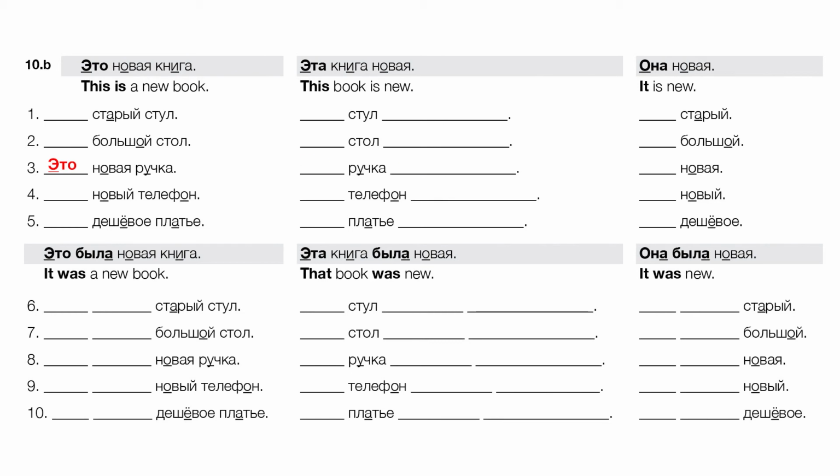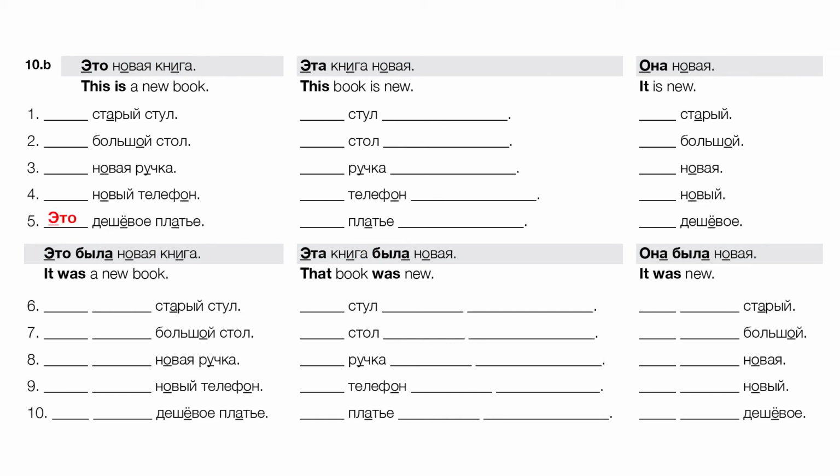Это ручка новая. It is new. Она новая. Четыре. This is a new telephone. Это новый телефон. This telephone is new. Это телефон новый. It is new. Он новый. Masculine.